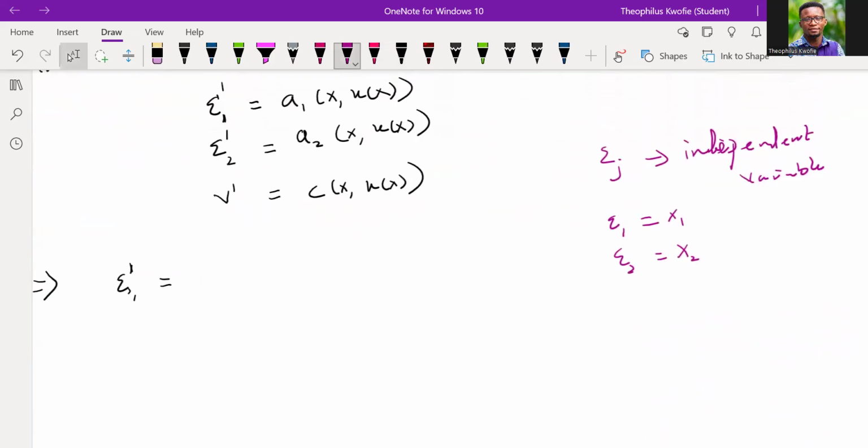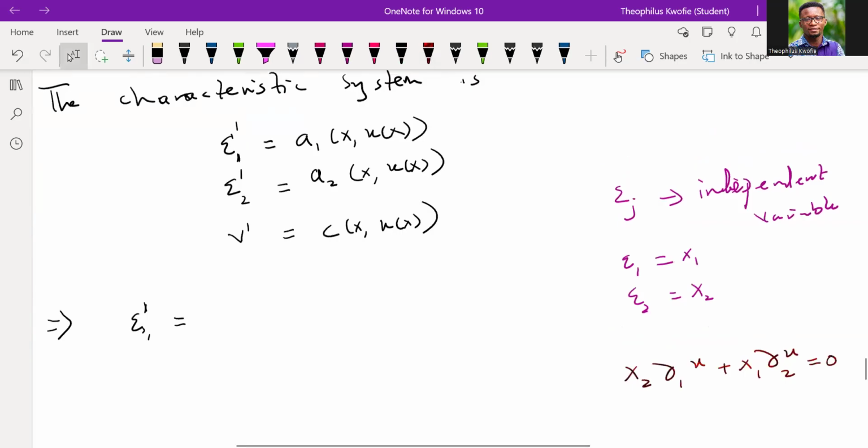Remember that your PDE was given as x2 times the partial of u with respect to x1 plus x1 times the partial of u with respect to x2 equal to 0, right? Very important.